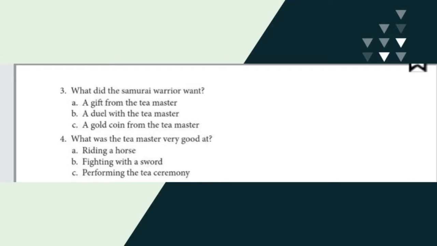Let's move to the fourth one. What was the tea master very good at? Options are riding a horse, fighting with a sword, performing the tea ceremony. Which is the correct answer? Yes, you are right. The tea master was very good at performing the tea ceremony.